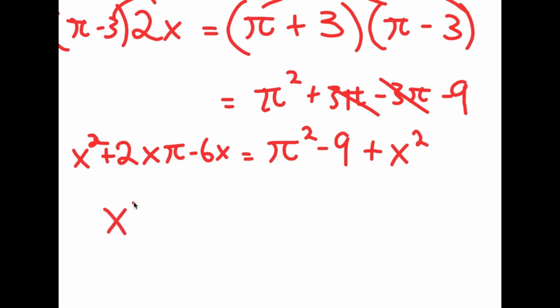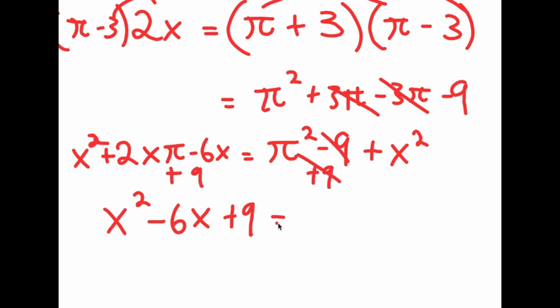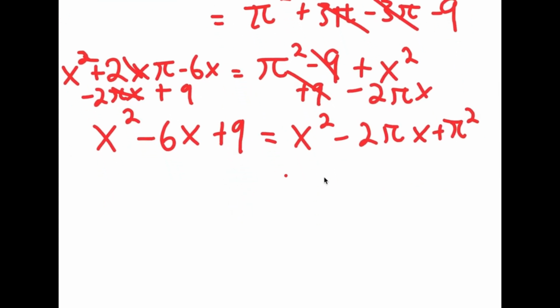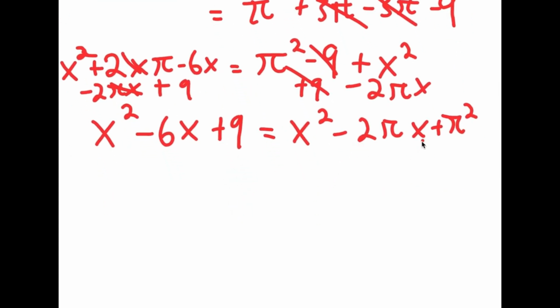I'm going to write this as x squared minus 6x plus 9, so I'm going to add 9 on both sides, is equal to x squared minus 2 pi x, so I'm going to subtract 2 pi x on both sides, and at the end, plus pi squared. So I have x squared minus 6x plus 9 is equal to x squared minus 2 pi x plus pi squared.